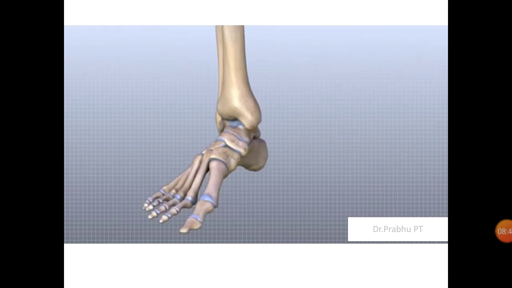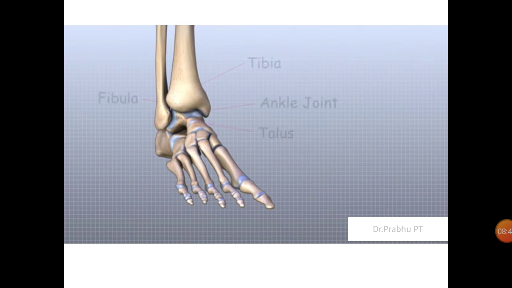So this is about the ankle joint. In the ankle joint we have seen the components: the tibia, fibula, and talus form the ankle joint.